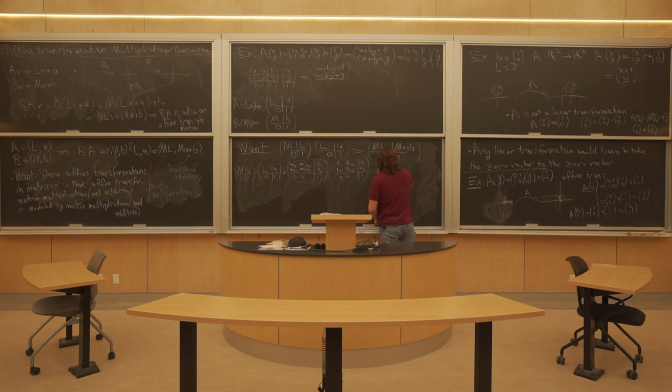M11 times L11 plus M12 times L21. This is B1, but you see, we put 0 here, so that there is no contribution coming from there.